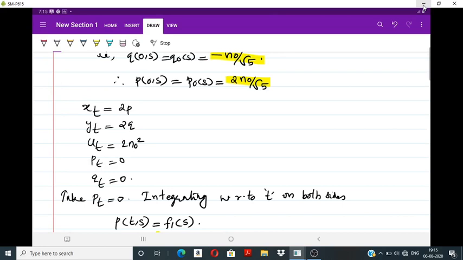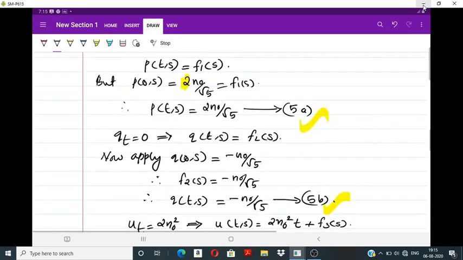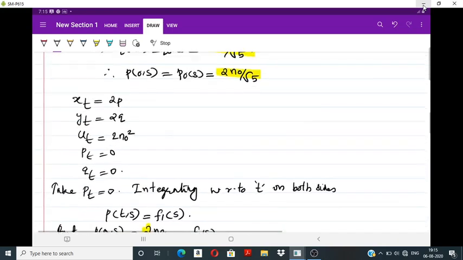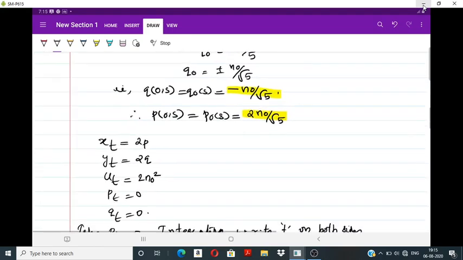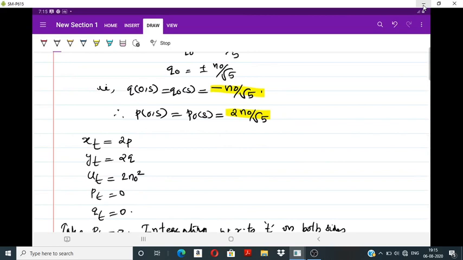And for p and q we have to use two equations. Which are the two equations? That means p naught, q naught satisfy the PDE, that is f of x naught, y naught, u naught, p naught, q naught equal to 0.